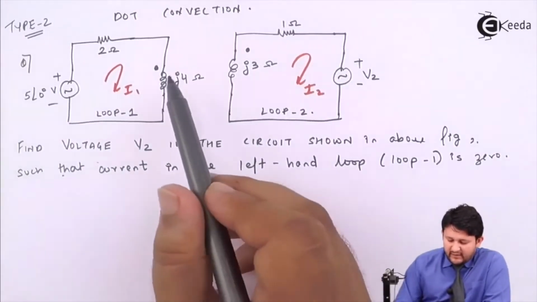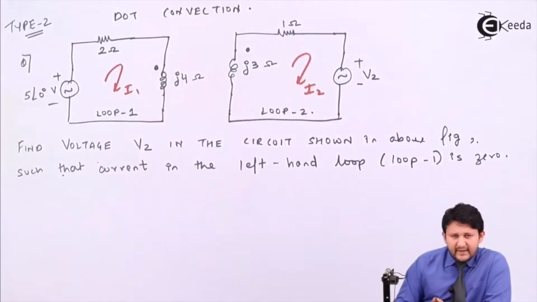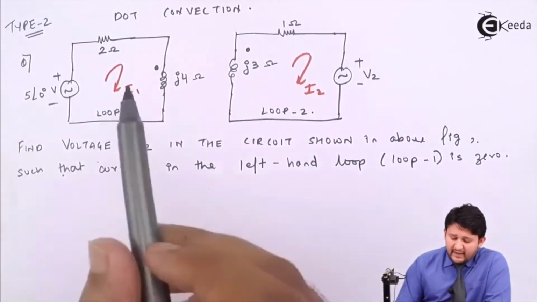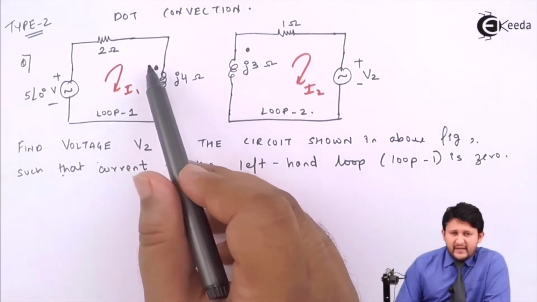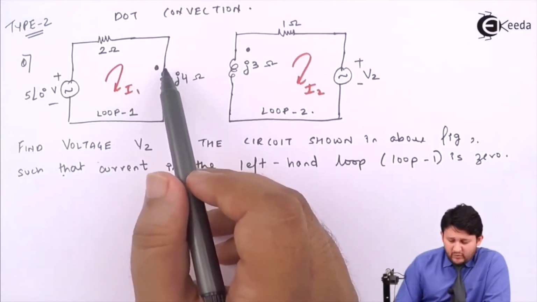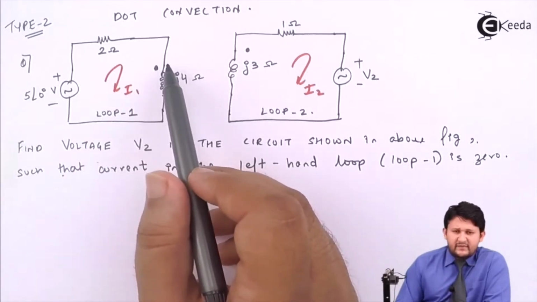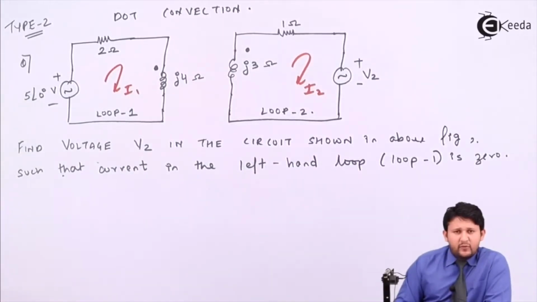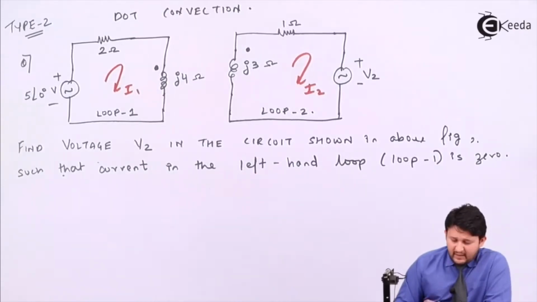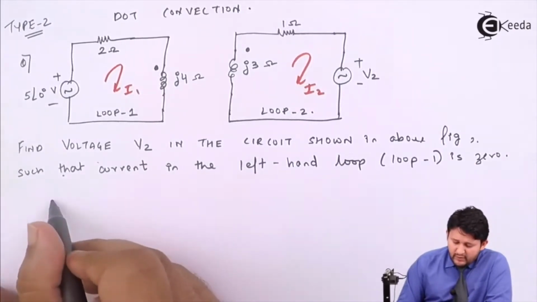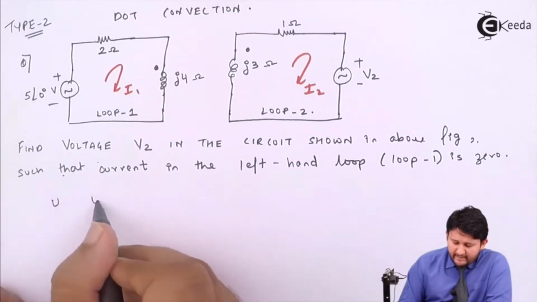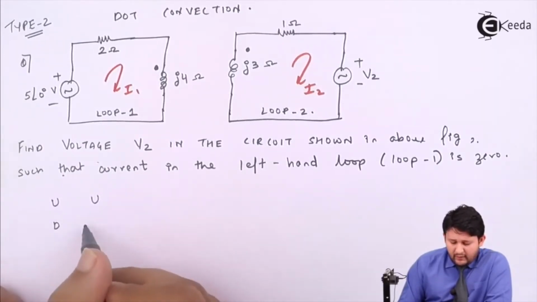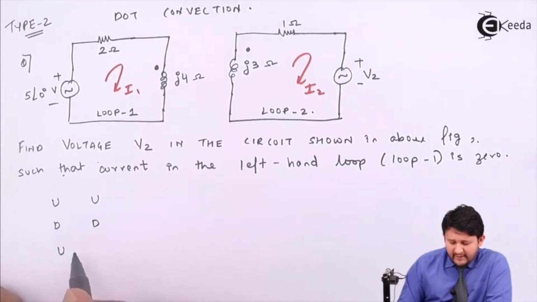First thing, when I talk about dot convention, I need to clear my concepts. I cannot move further with this dot. I need to remove this dot, and for that I have a few concepts. The concept says you need to observe the dot position in both inductors. Either both dots should be up or down, or it can be an up-down or down-up combination.